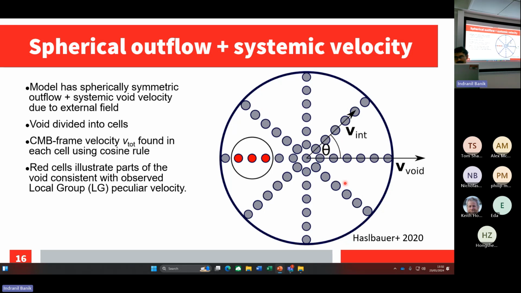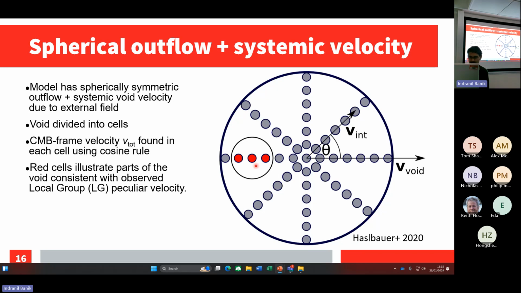The void's been divided into cells. That's been done in each cell. These red cells kind of illustrate the part of the void where the local group, so Milky Way and Andromeda galaxies, their average velocity in the CMB frame is equal to the velocity predicted by the model in this region.